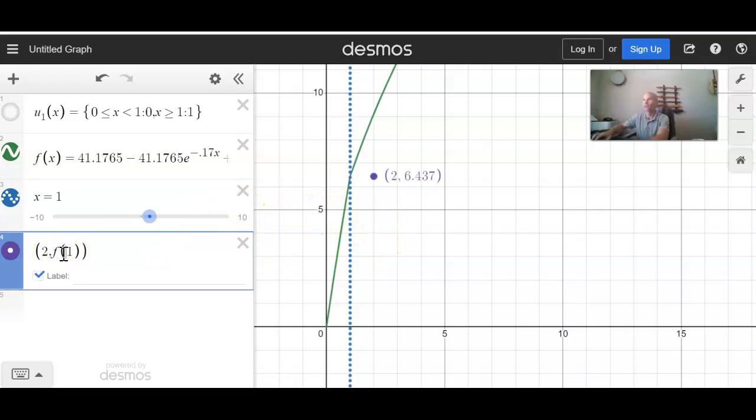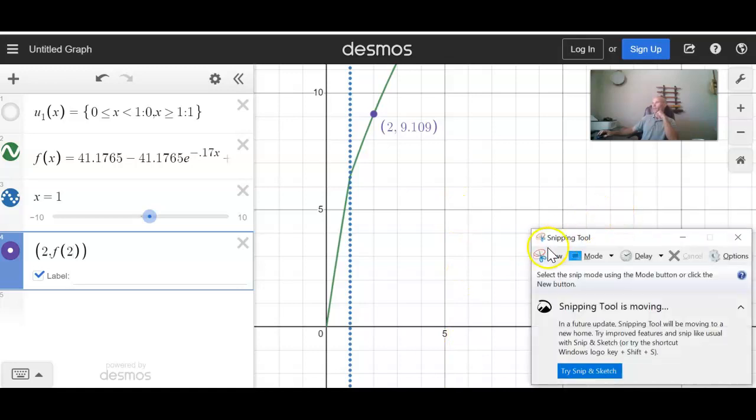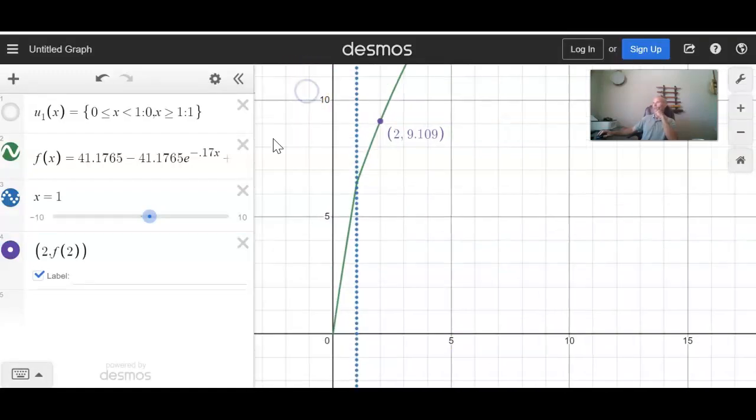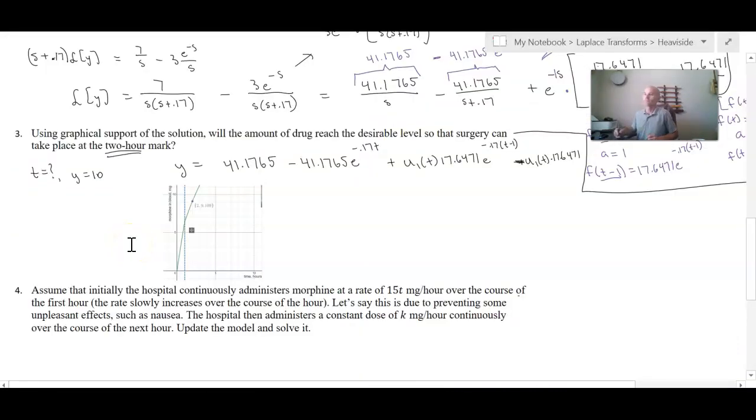At time 2, we're actually at 9.109 total milligrams of morphine in the bloodstream. We wanted to have 10, and therefore no dice. We're not quite ready to start surgery. All right, so in conclusion, we have to say here that no, only 9.1 milligrams present.